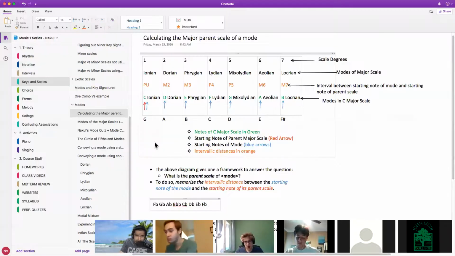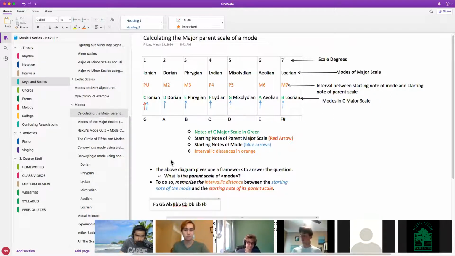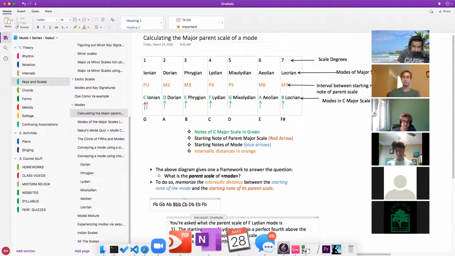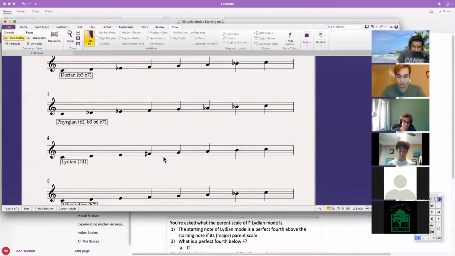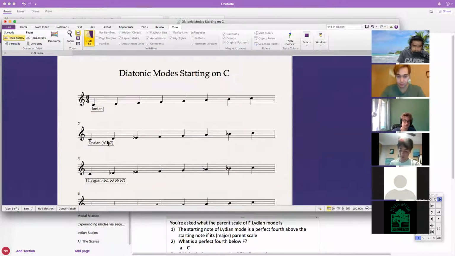What's confusing is the fact that you can approach a mode in two different ways. You can treat the starting note of each mode as a major scale, and then make the accidental accommodations, accidentalizing the scale so that it fits the definition of the mode.